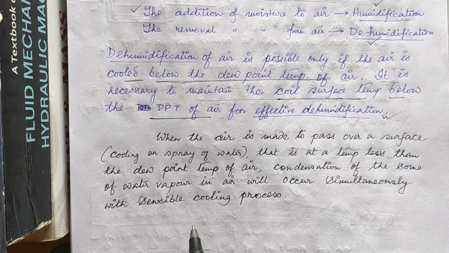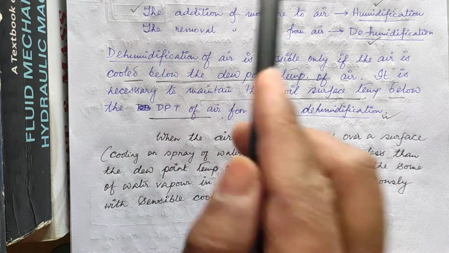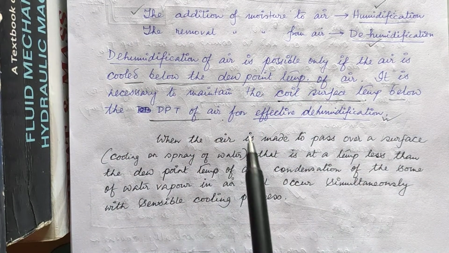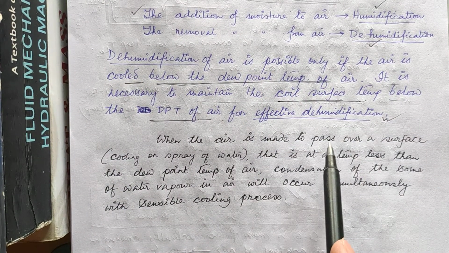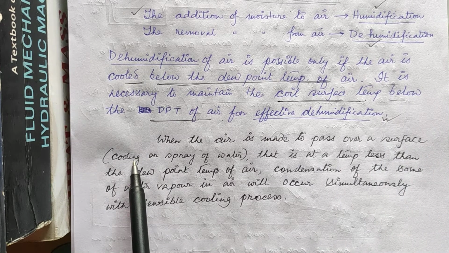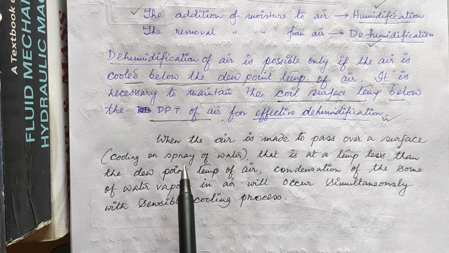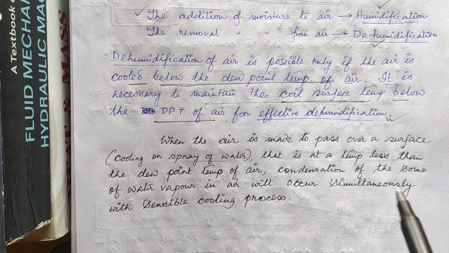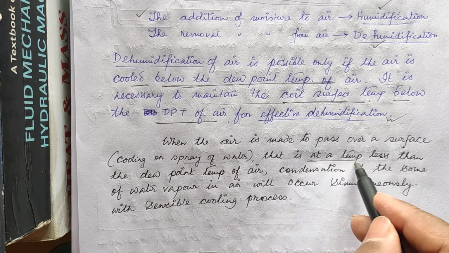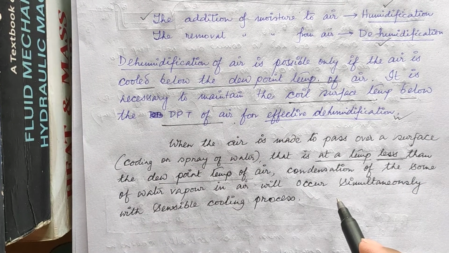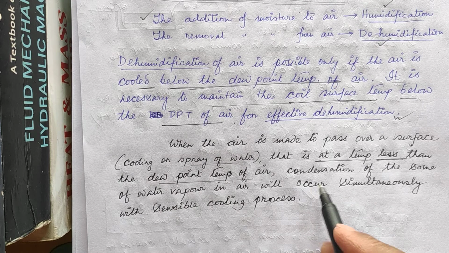So if the two processes can be achieved at a time, that is cooling and dehumidification, if the air is made to pass over a surface, it may be a cooling surface or it may be a surface of continuous pure water, that is at a temperature less than the dew point temperature of the air, then what will happen?